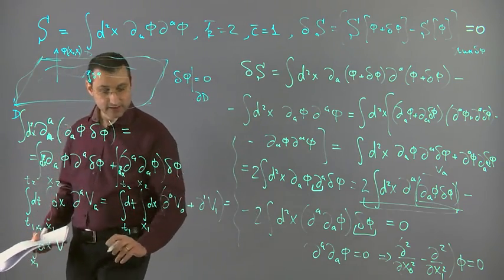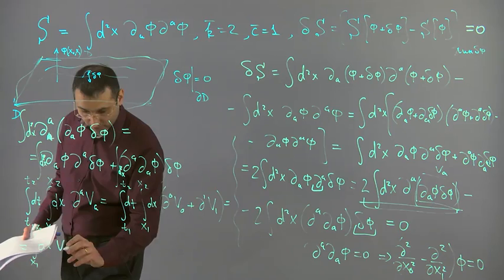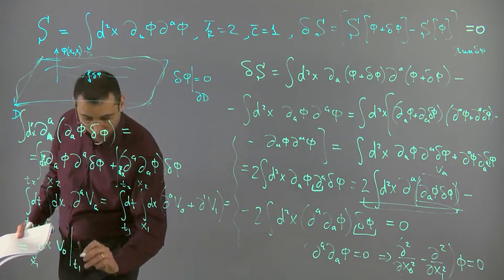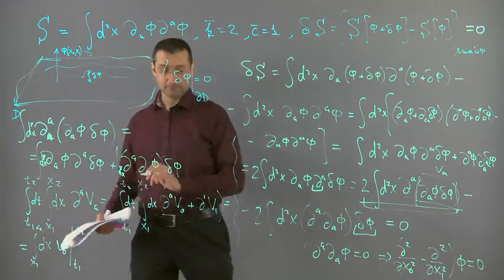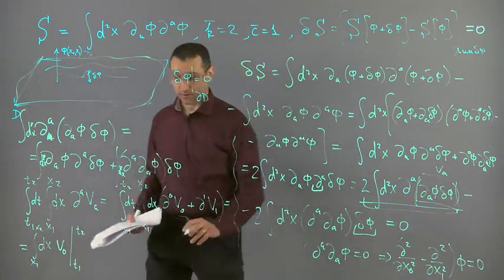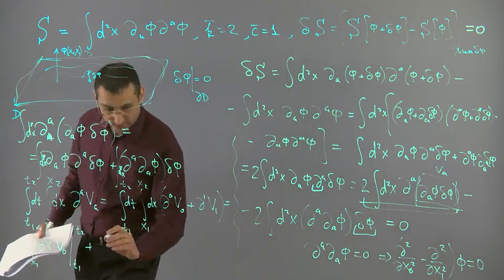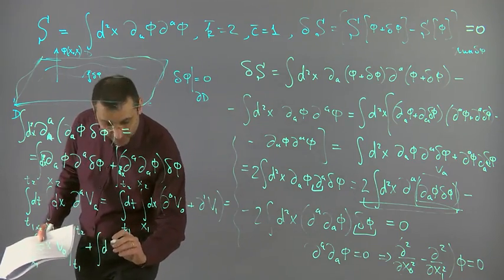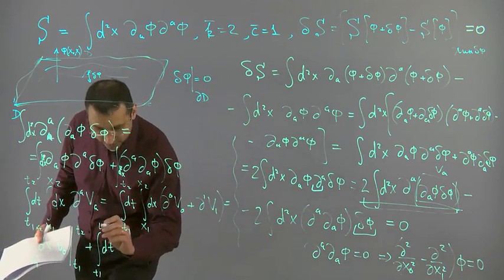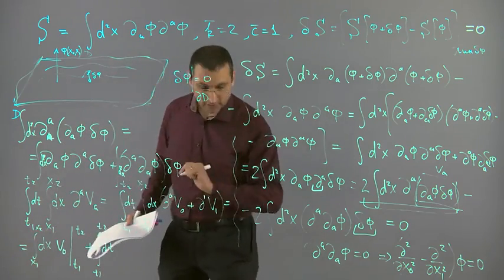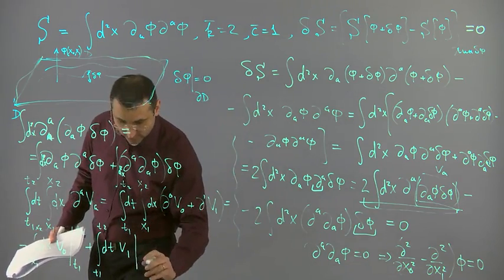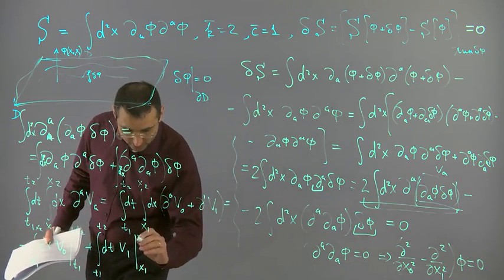This is just v0 at t1 and t2. Plus, similarly for this term, we have the integral over dt from t1 to t2, and the integral over dx of the total derivative, which is just v1 at x1, x2.